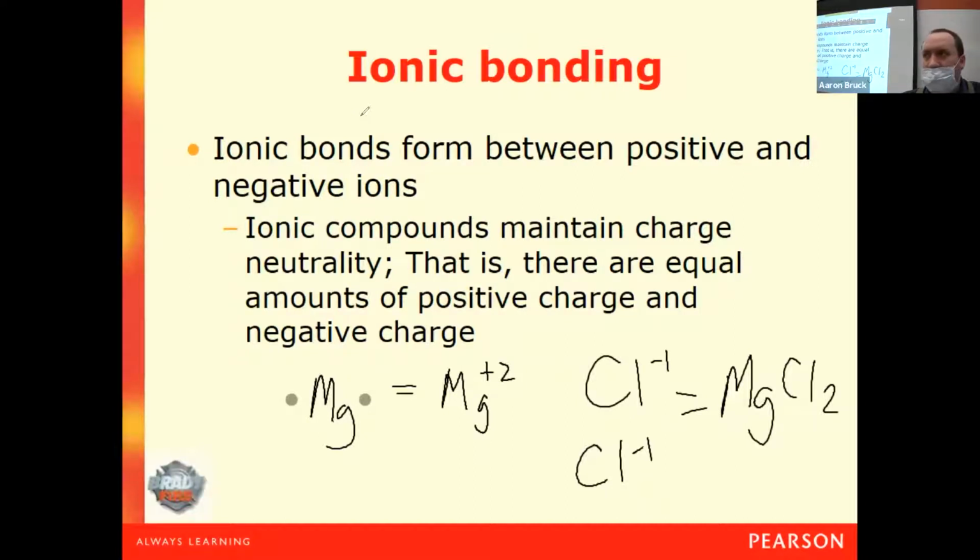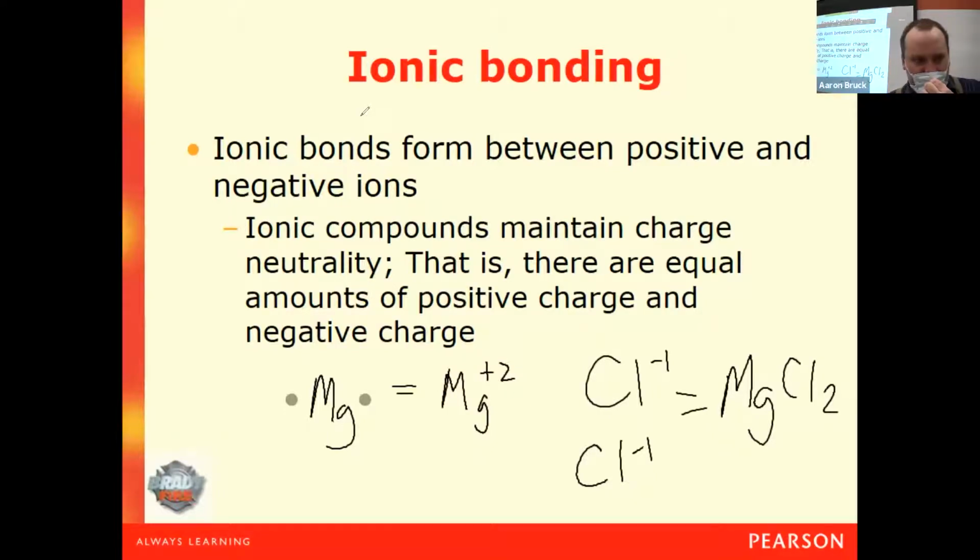The second chlorine there is necessary for charge balance. And we don't get charge balance without that second chlorine. It doesn't make sense for magnesium to only give up 1 electron, because that doesn't get it to the octet. Nor does it make sense for a chlorine to take on 2 electrons, because that now gives it 9 valence electrons, which isn't an octet either.